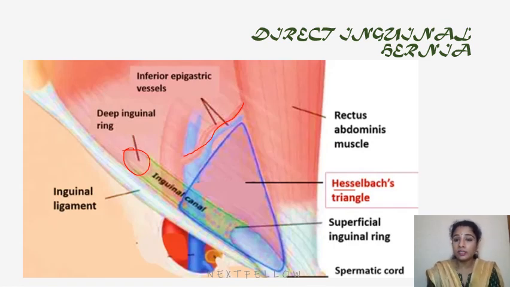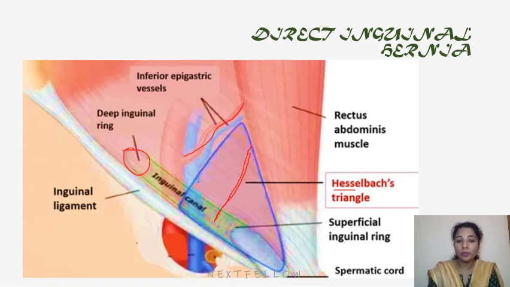Further, this direct inguinal hernia we can also divide into two varieties. One is the medial direct hernia and the other is the lateral direct hernia. The medial one is present medial to the obliterated umbilical artery. Within Hesselbach's triangle we have an obliterated umbilical artery.